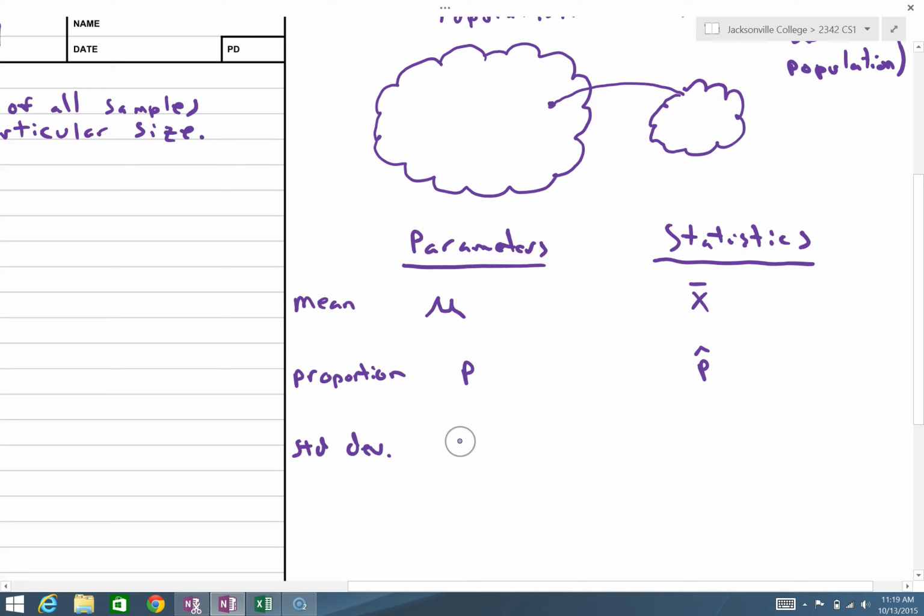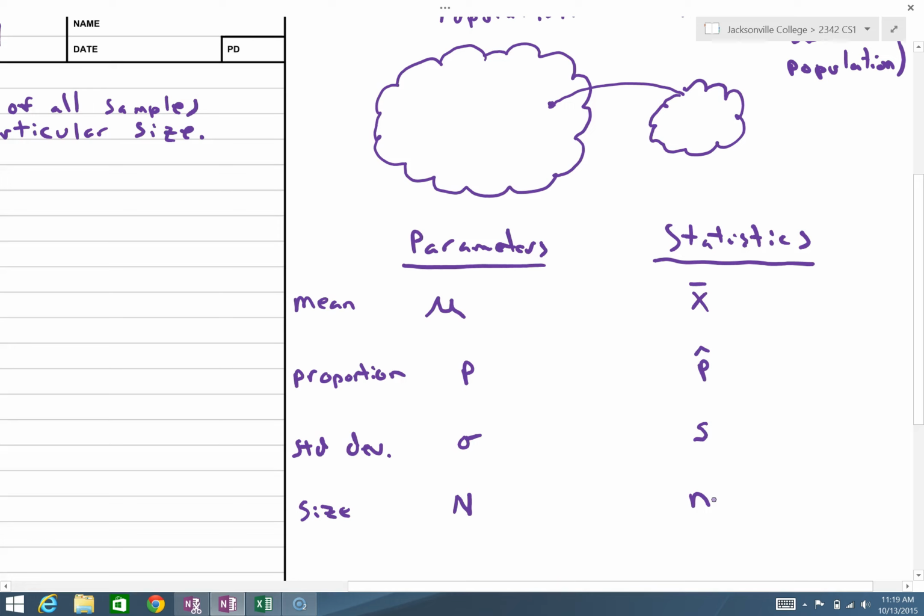The parameter standard deviation is the Greek letter sigma. Our statistic is the letter s. And I'm going to introduce a new one today, size. The size of the population, the parameter, we use capital N. Our sample size, we use lowercase n.